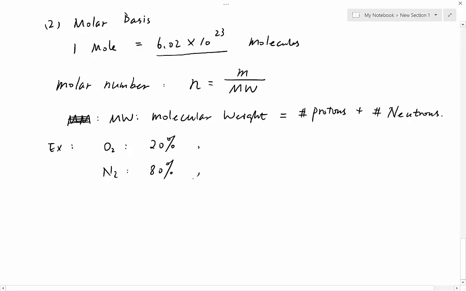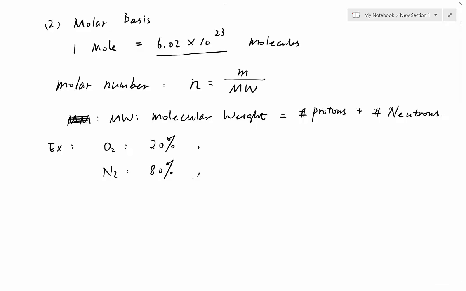And next, what is the molecular weight of oxygen? So let's take a look. If you go to the periodic table, you can find oxygen has 8 protons and 8 neutrons. So in total, 8 plus 8, that's 16. So that is the molecular weight for one O, which is 16.